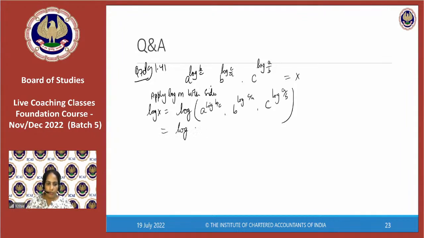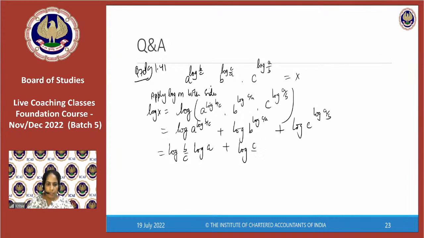So this is log m plus log n plus log one more term. Okay, now anything raised to power comes ahead. This becomes log b by c into log a plus log c by a into log b plus log a by b into log c.